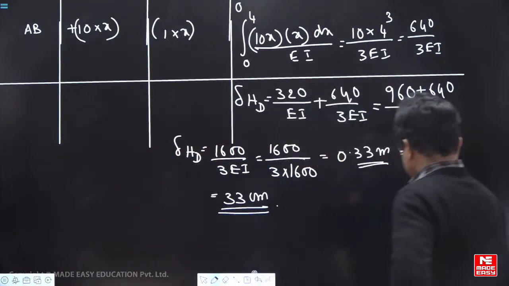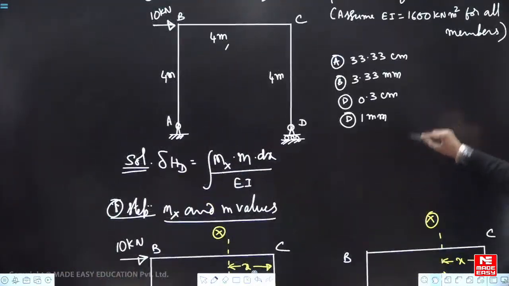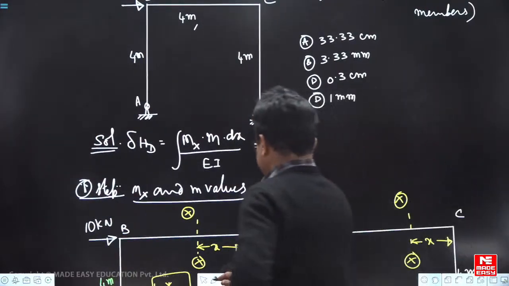So delta HD is 33 centimeters (33.33 centimeters).